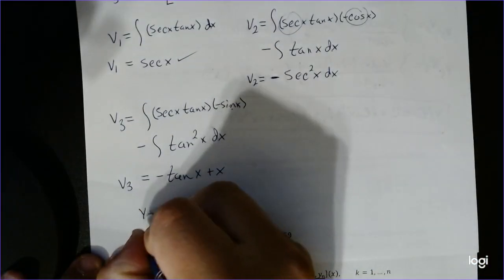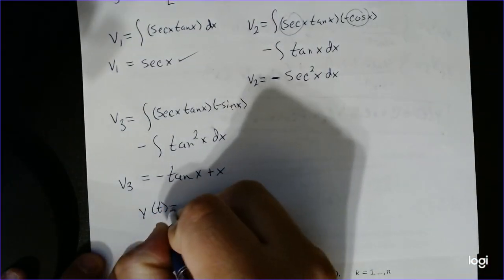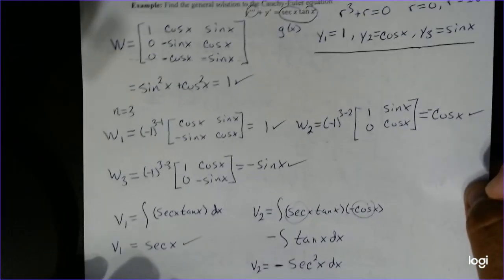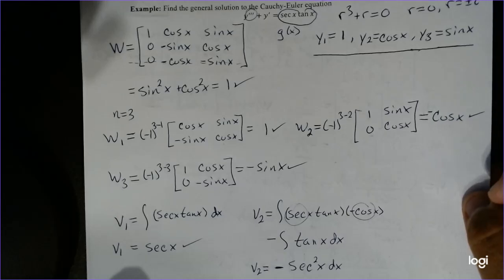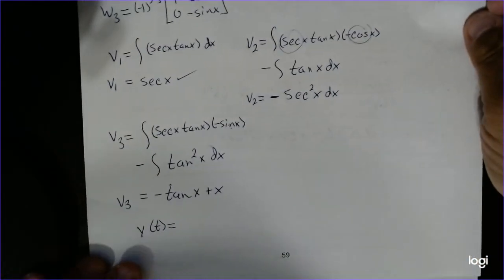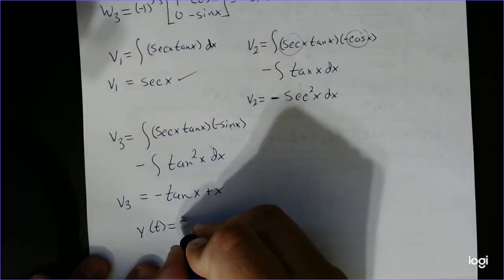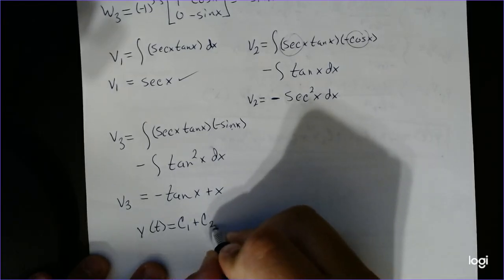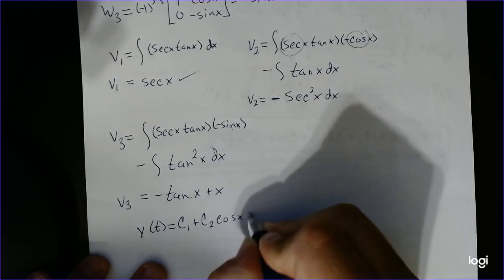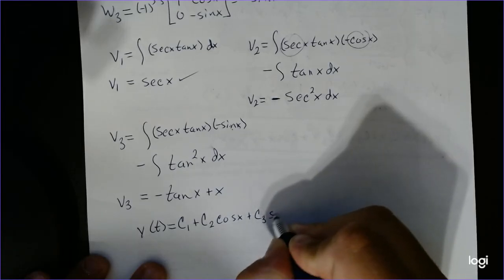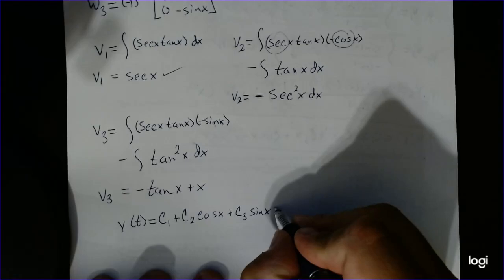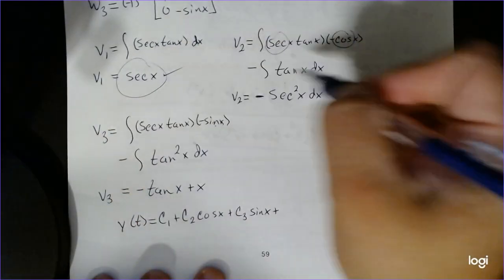So now that we have that, we can finally write down our general solution. First we have our three fundamental solutions. So C1 times 1 is just going to be C1. And the rest is just C2 with the cosine and sine. Okay. And now plus, and we'll go from here.